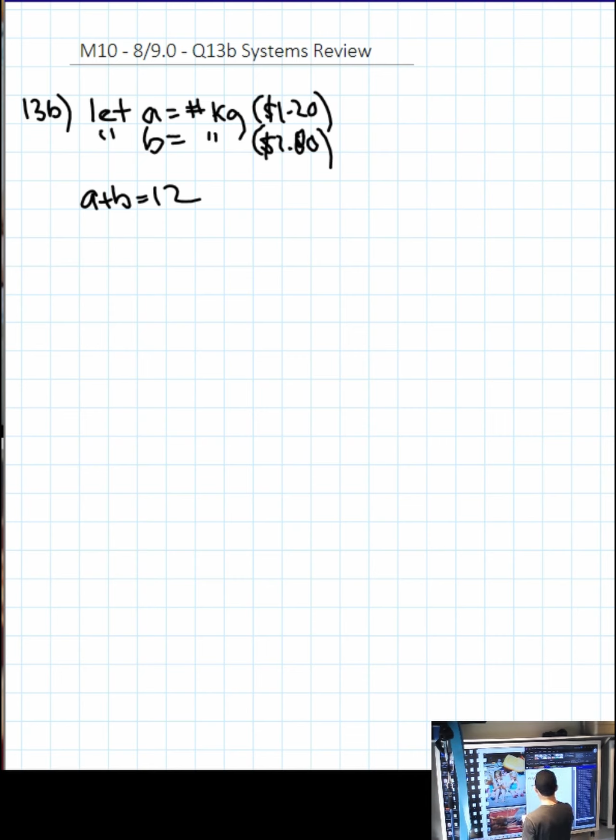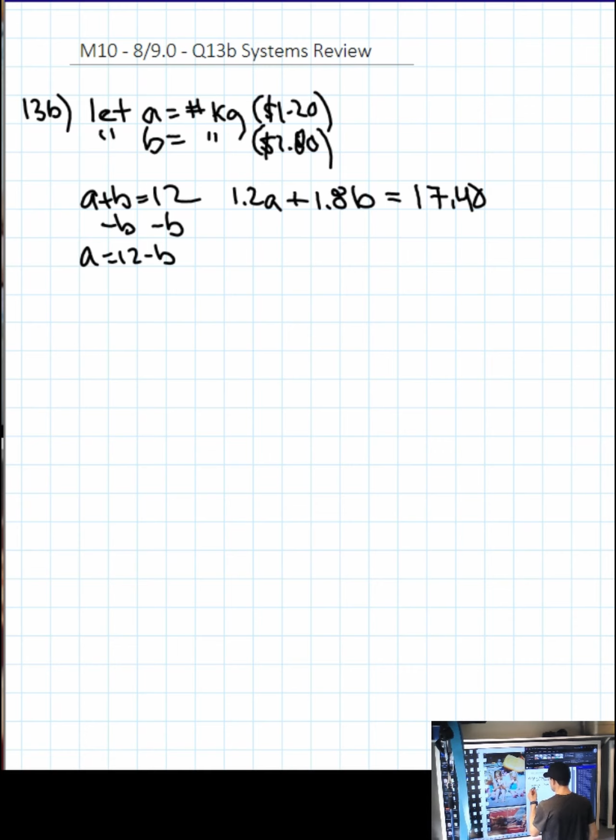And then we're going to have 1.2A, the amount we're going to spend on A, plus 1.8B, the amount we're going to spend on B, and that's going to be equal to $17.40 given in the question. So in the equation on the left, let's isolate for A, so minus B from both sides. A equals 12 minus B. Brackets around what A is equal to. Brackets around A in the other equation.